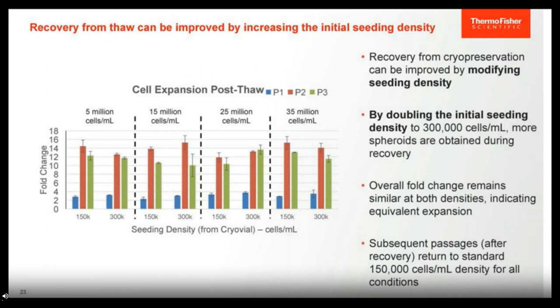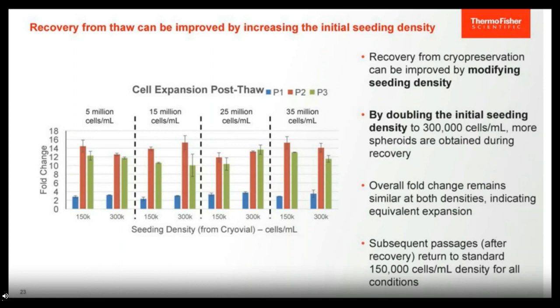And since I did mention previously that some cell lines have difficulty forming spheroids in suspension, due to this recovery passage, I wanted to see if we could improve the ability for cells to come out of cryo and then form spheroids in suspension. By doubling the initial seeding density from our recommendation of 150,000 cells per mil to 300,000 cells per mil, we observed that more spheroids are obtained during the recovery passage, whereas the fold change remains the same.